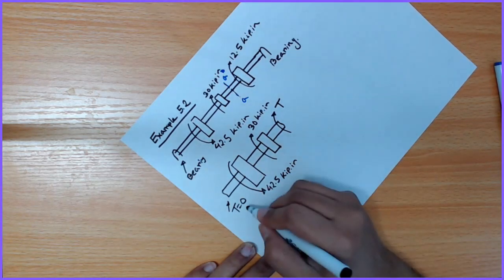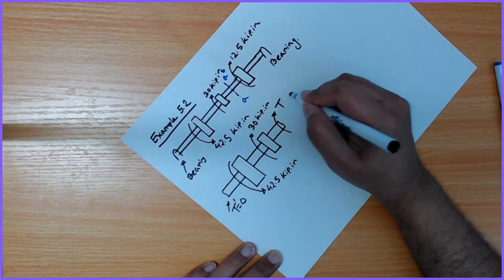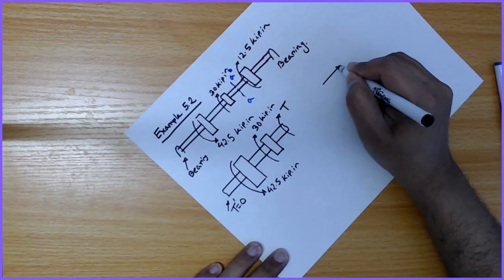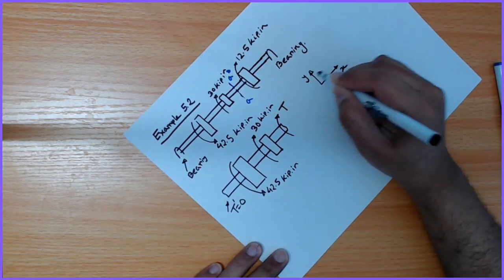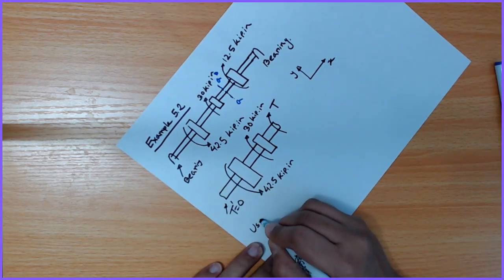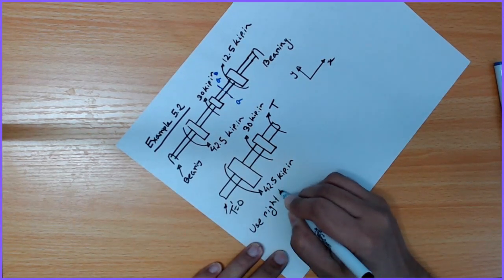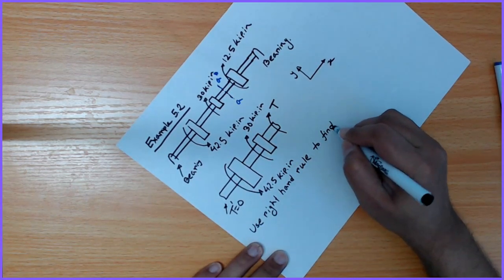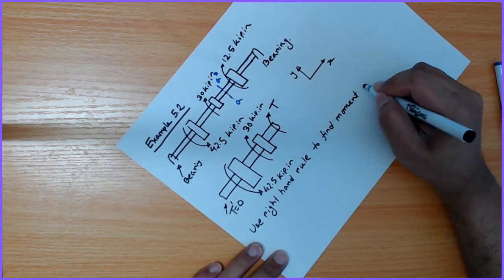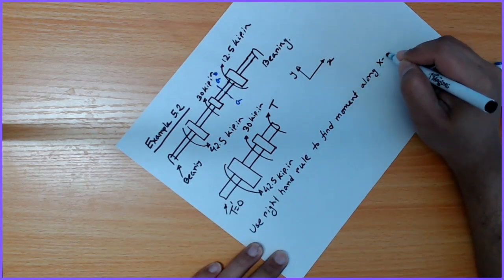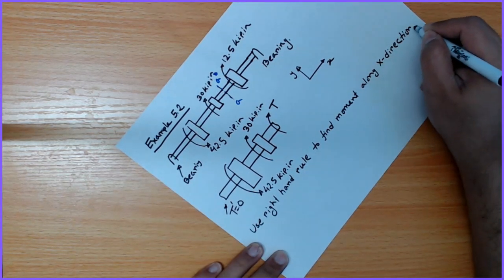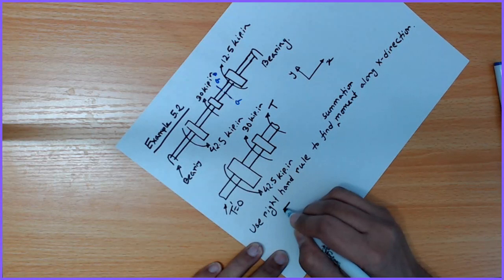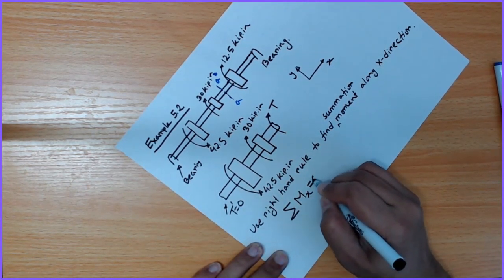Let's say this torque is T, and this is my X, this is my Y. Now use the right hand rule to find the summation of moment along the X direction, and it should be 0.